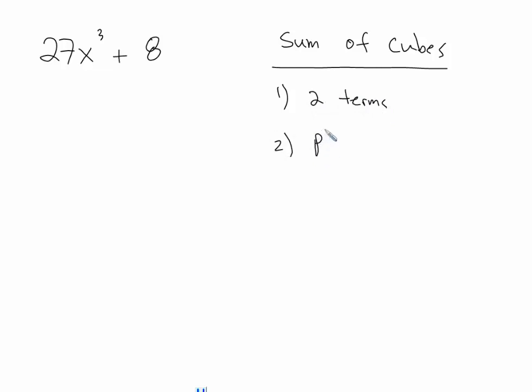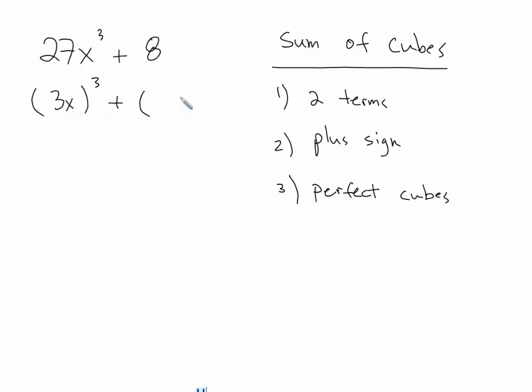We have a plus sign obviously instead of minus. And then we have perfect cubes. Okay, perfect cubes. So because what to the third power gives you this? 3x. What to the third power gives you this? 2.